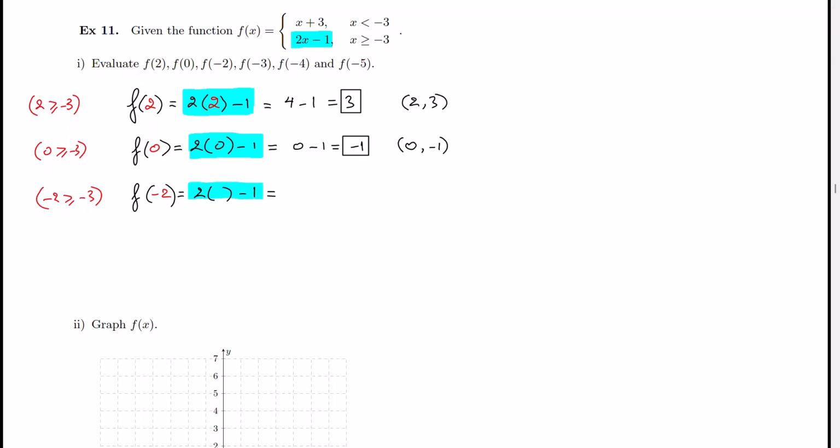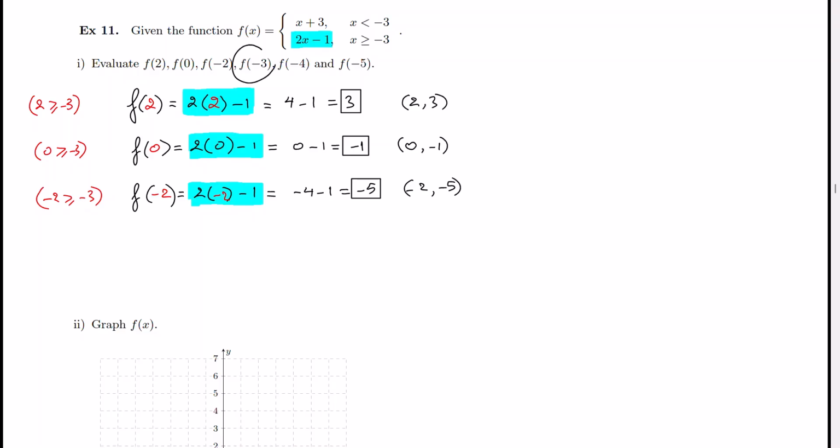It's the same blue formula, but this time x is negative 2. And the total will be negative 4 minus 1, which is negative 5, giving us the point negative 2 comma negative 5. We're doing this because in the next part of the question, we will be graphing this function. So we'll need a few points. So instead of making a table here, I'm just writing it the old-fashioned way.